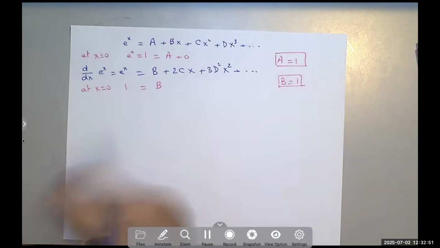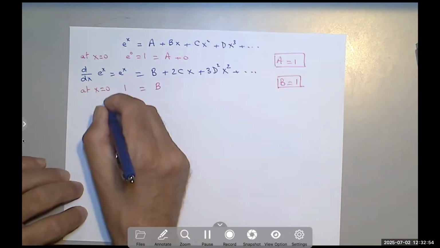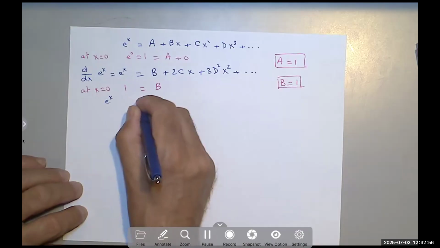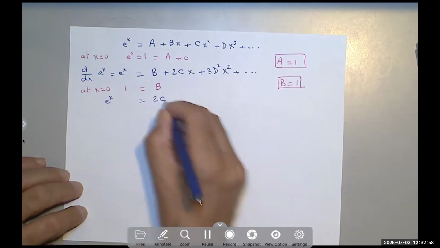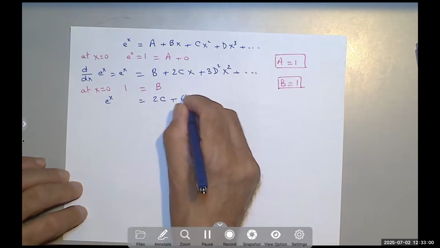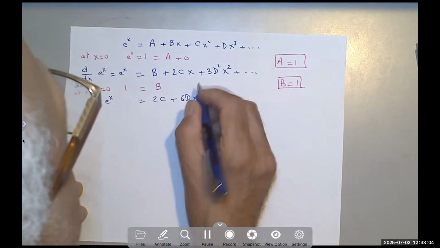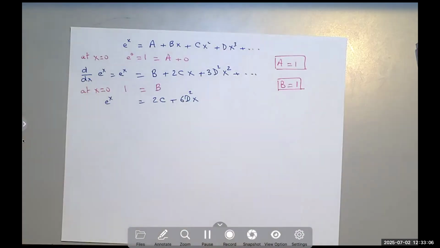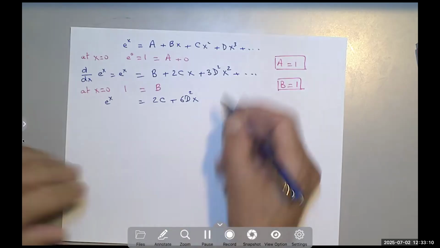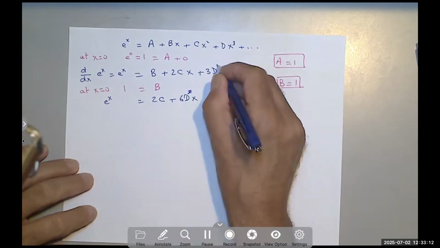Then I take the derivative another time of e to the x, which is still e to the x, but this time I will get 2c plus 6d x. Oh, why did I do d squared? I'm sorry.